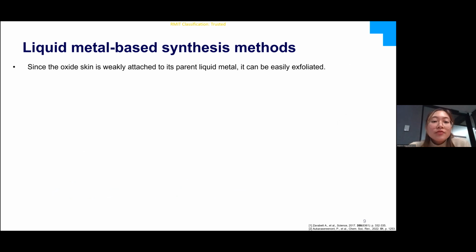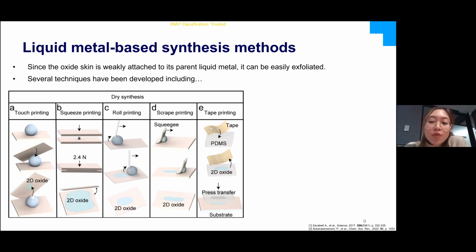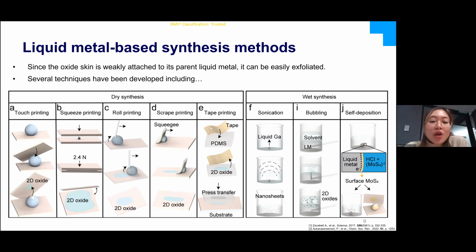And this results in easy exfoliation of this oxide skin onto other desirable substrates. So several methods have been developed and can be mainly divided into dry and wet synthesis. I'll briefly review some of these methods throughout the talk here.